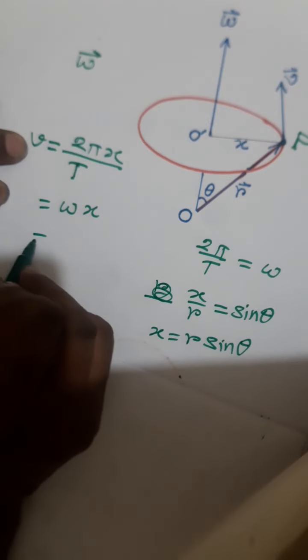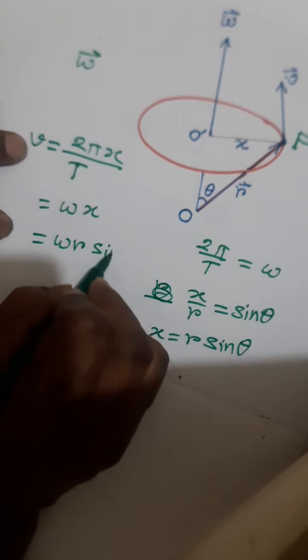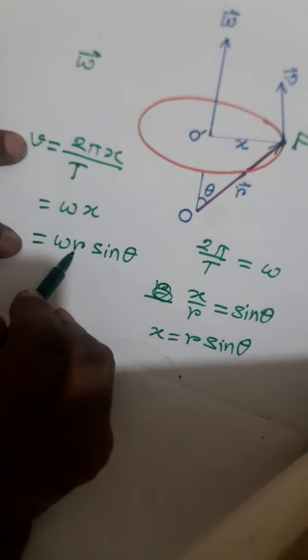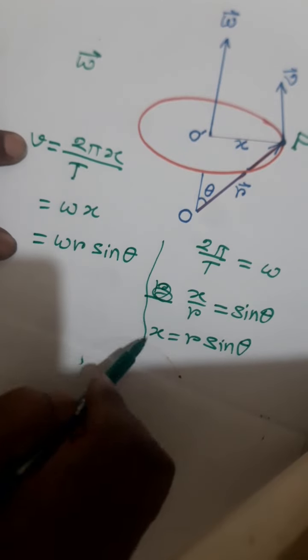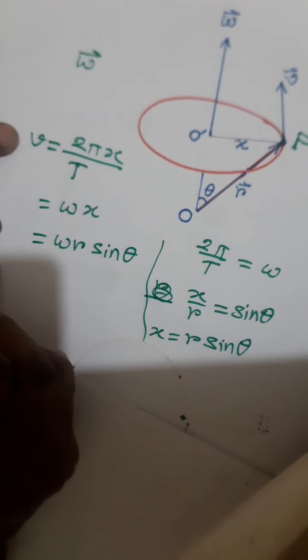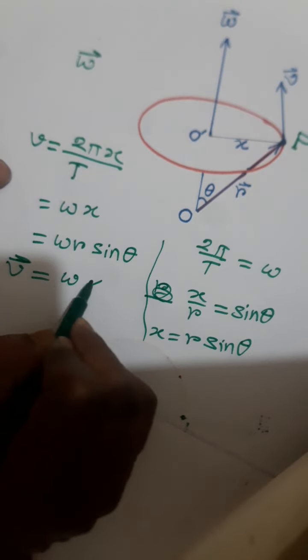Therefore, the magnitude of the linear velocity is omega r sine theta. In vector form, the linear velocity vector v equals omega cross r.